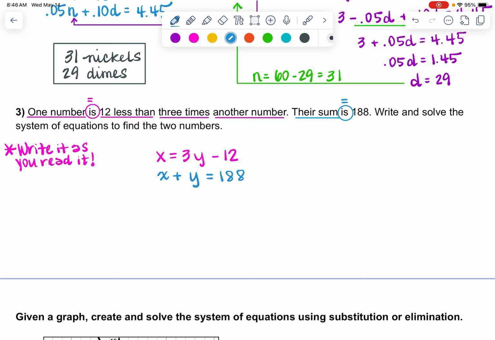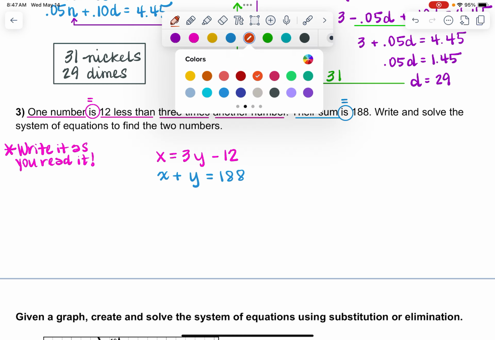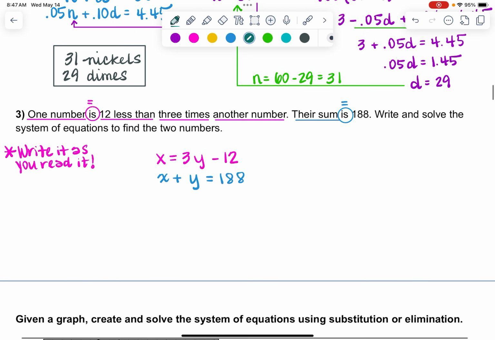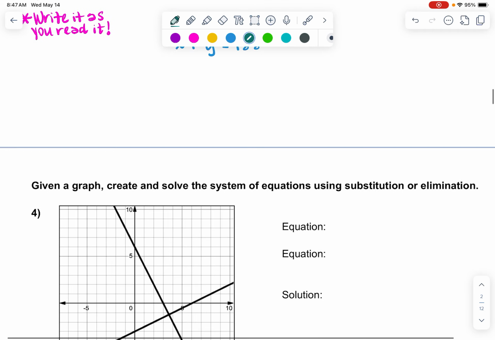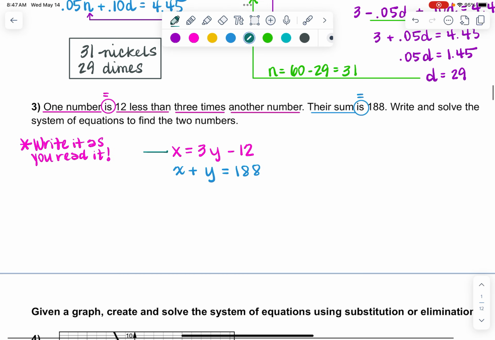All right, I know I just did substitution on the previous problem, but I'm clearly going to do substitution here again because we have an equation that says x equals. Anytime you have one of your variables by itself that technically has this algebraic expression, that means wherever I see an x, I can substitute in the 3y minus 12.